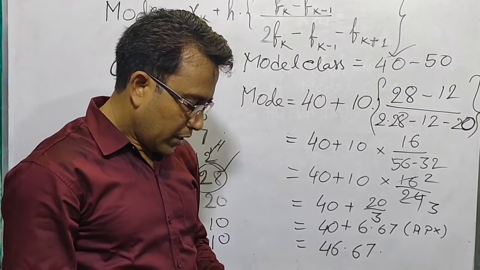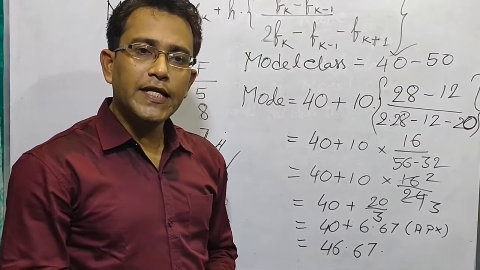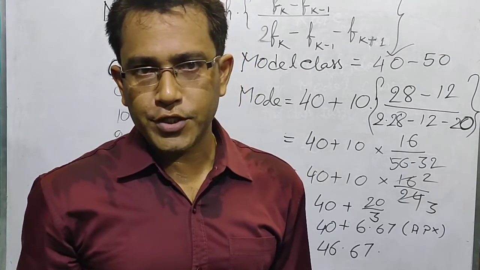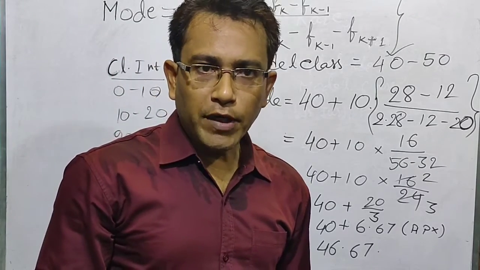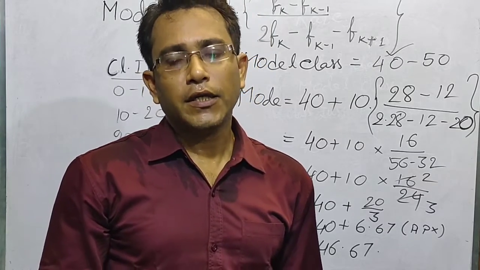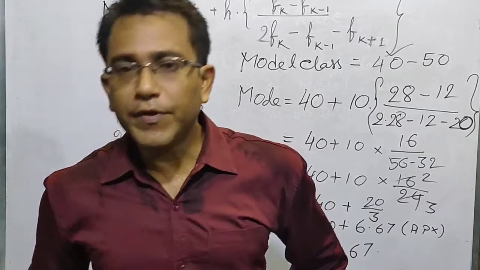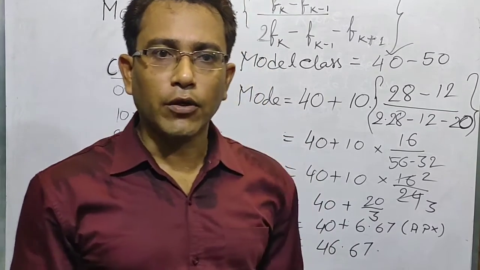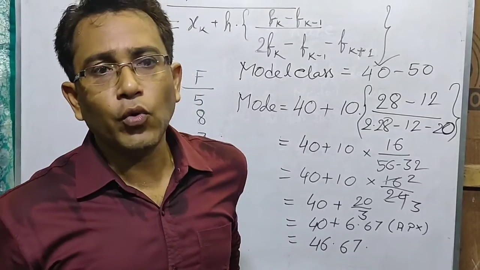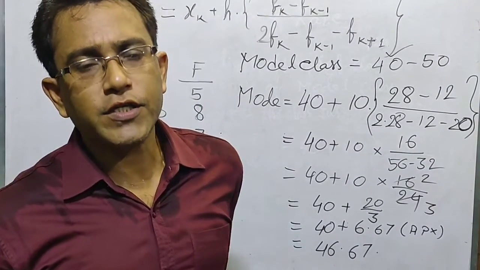Now, by applying these formulas, the calculation of mean in three processes: direct method, assumed mean method, and step deviation method, we can calculate the mean value, that is one of the averages.